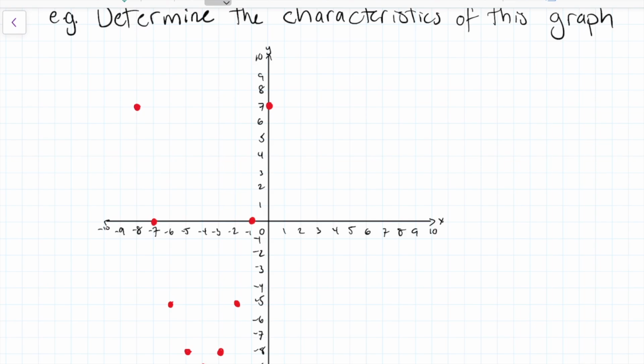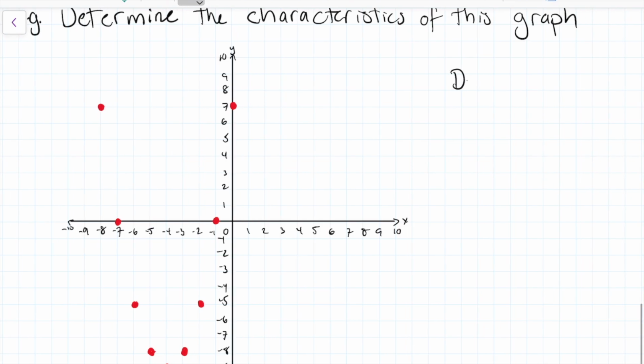Do your best to draw a nice looking parabola through them, keeping in mind all those things that you don't want to see. And then once you're all said and done, go ahead and pause the video and start figuring out all of these different characteristics that I'm going to write down here.